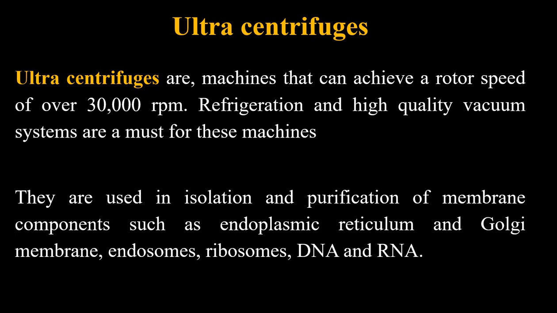They are used in isolation and purification of membrane components such as endoplasmic reticulum, Golgi membrane, endosomes, ribosomes, DNA, RNA, etc. Here, the fourth one, that is ultracentrifuge, is included in your syllabus. They are again of two types: one is the preparative ultracentrifuge, and another is the analytical ultracentrifuge.